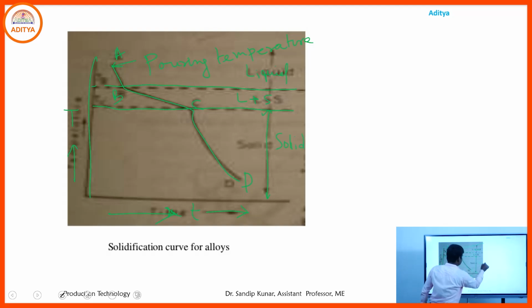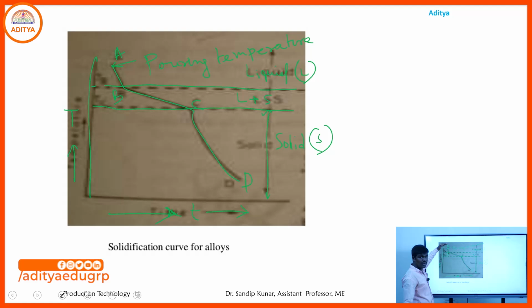Solid stage means that is the solid and that is the liquid. A is the pouring temperature, which means that at point A the molten metal maintains its fluidity properties.